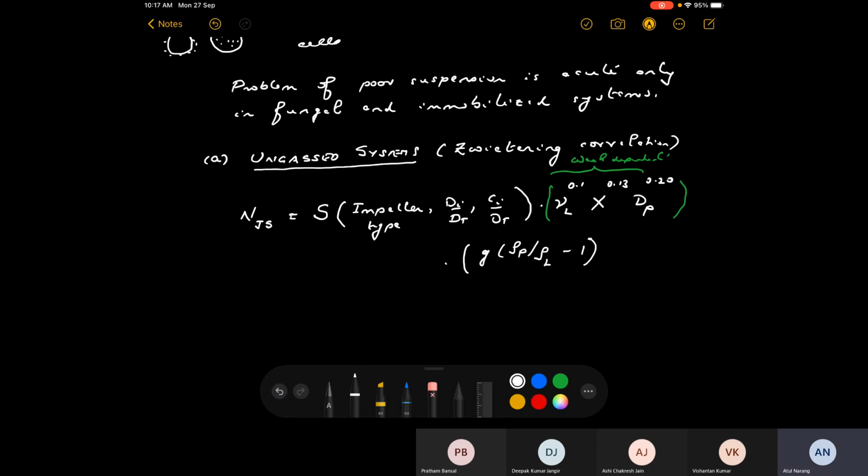And this whole thing is to the power 0.45, so it's approximately increasing as the square root, which is kind of strong. And then, of course, it is inversely proportional to the impeller.